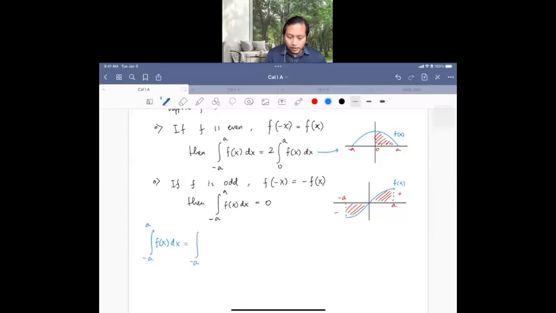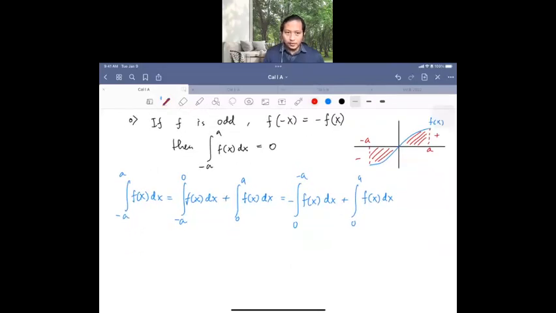We can start by taking a separation of this integral, and then we switch the endpoint and take the negative part, and then let u be negative x. Okay, so du is negative dx, and by doing this, x equal to negative a becomes u equal to a.